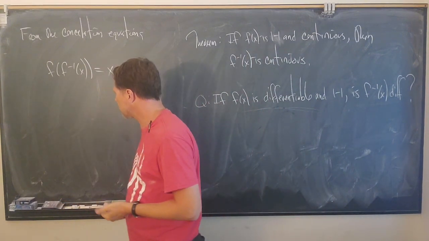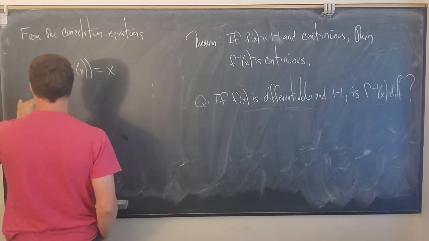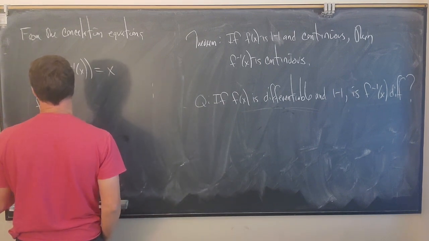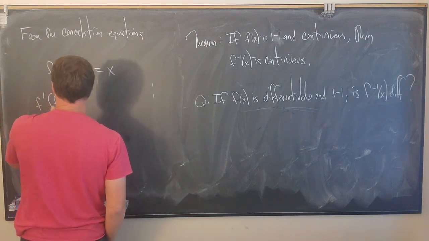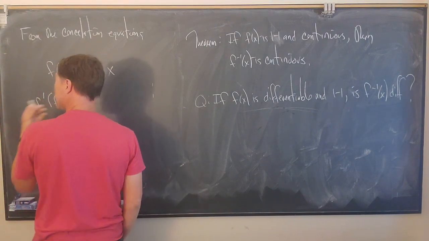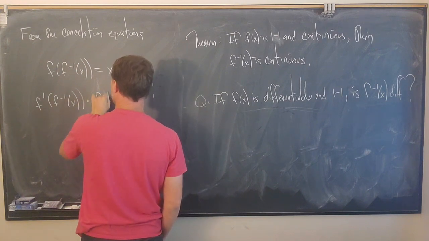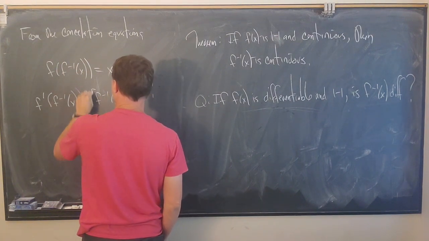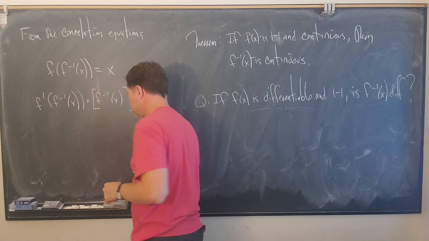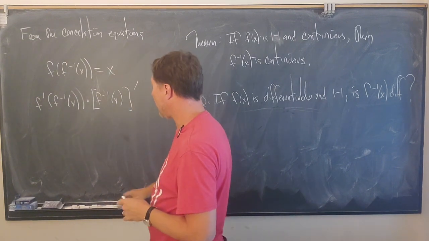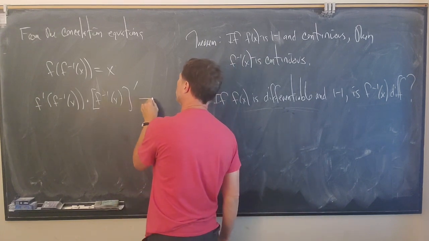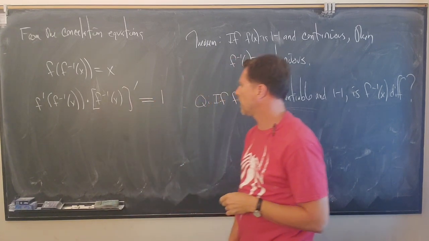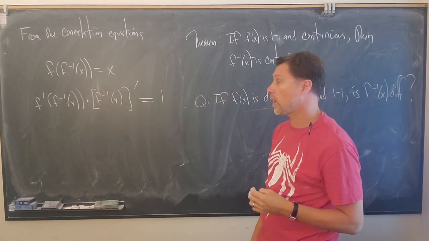On the left-hand side, I'm going to use the chain rule now, so f prime of f inverse of x times the derivative of the inside, which I'll write like this, f inverse prime of x. So there's the derivative of the left-hand side using the chain rule, and the derivative on the right-hand side, the derivative of x, is just 1.